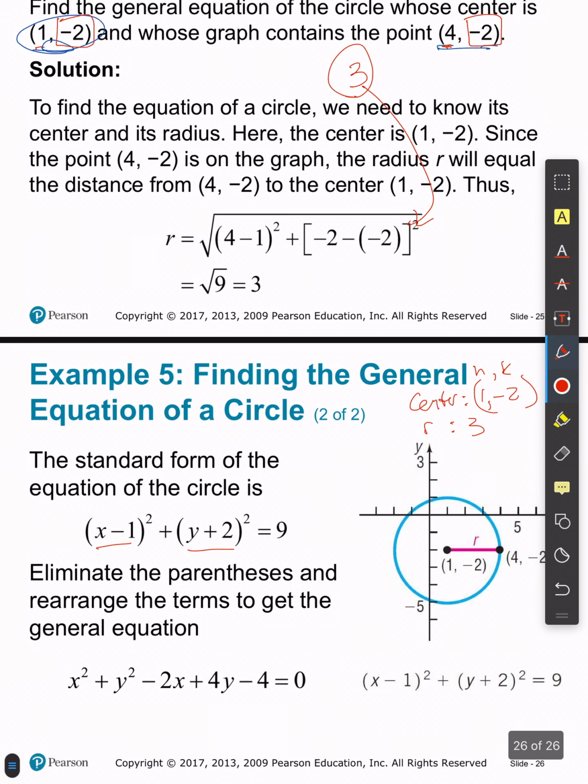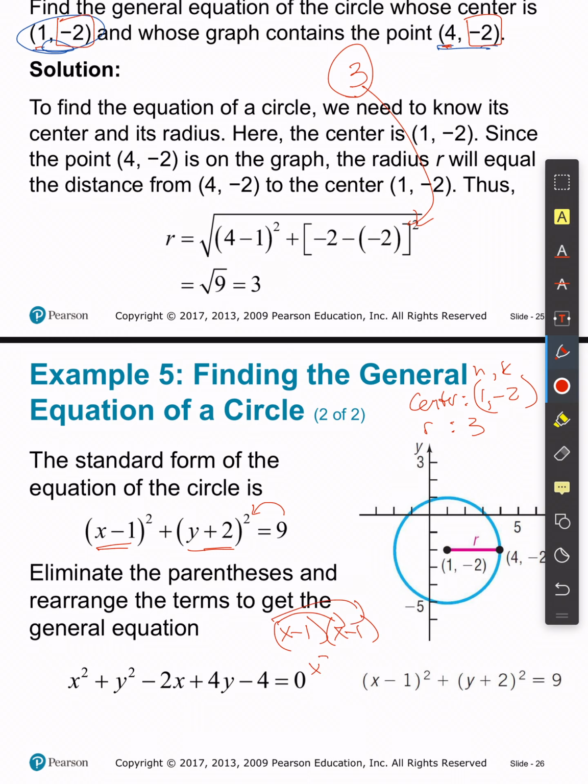Once I have that, I can put it into general form. All I have to do is move this 9 over, but I'll wait to do that, and then FOIL these out. Remember, x minus 1 squared is the same as x minus 1 times x minus 1. Remember your FOIL method.